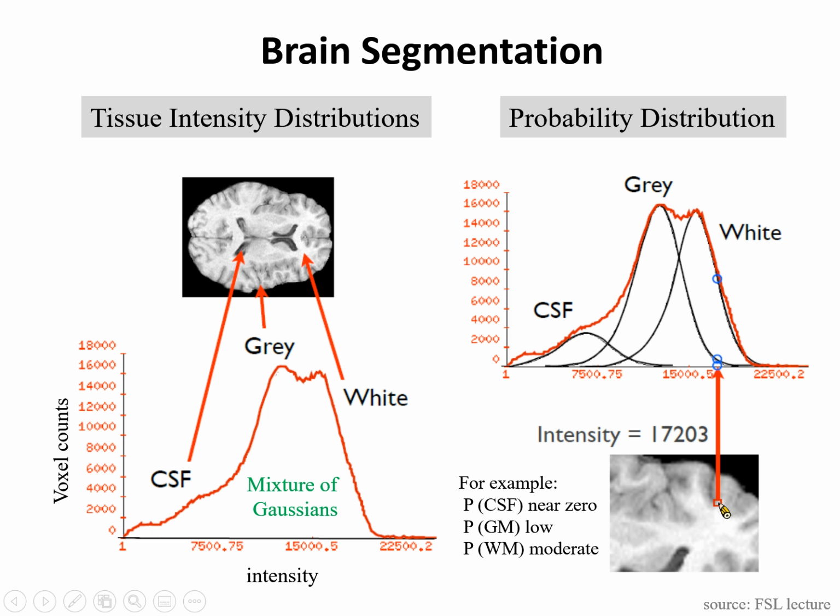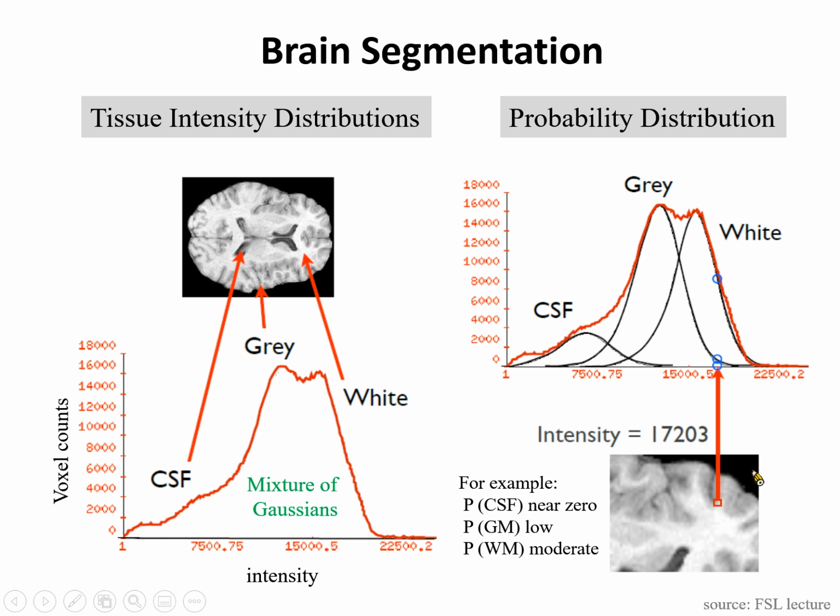For this one, it could have a moderate probability of being white matter, maybe a low probability of being gray matter, but zero probability of being cerebrospinal fluid. And for this one, maybe a very high probability of being CSF, but nearly zero probability of being either gray matter or white matter.